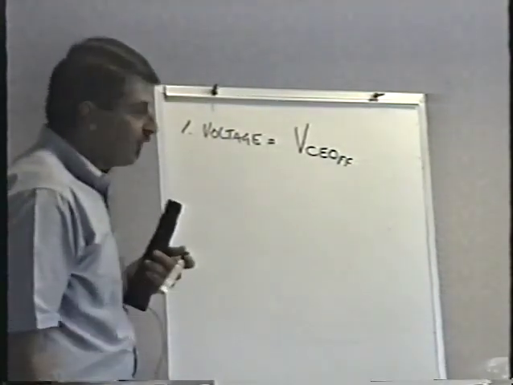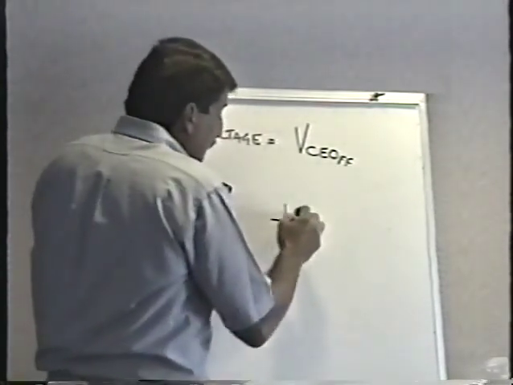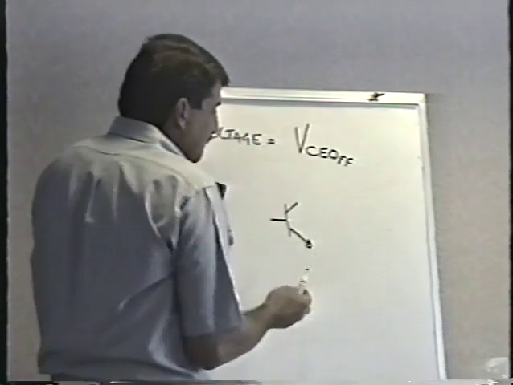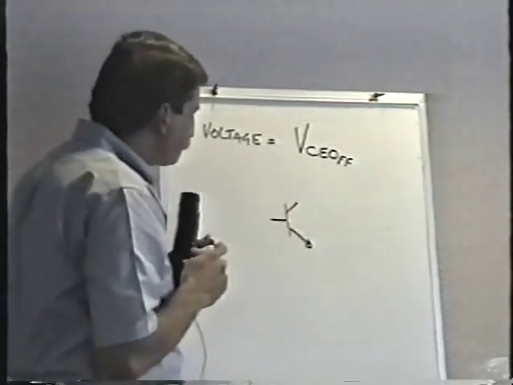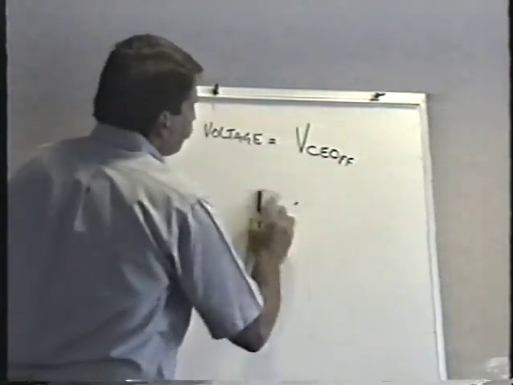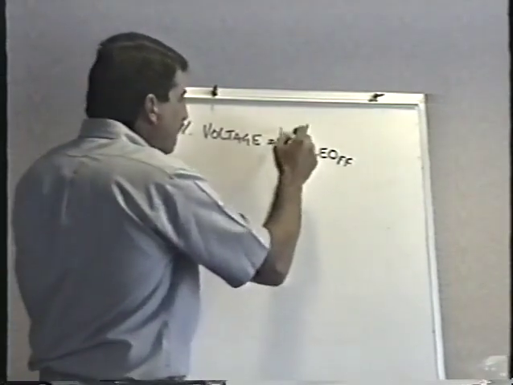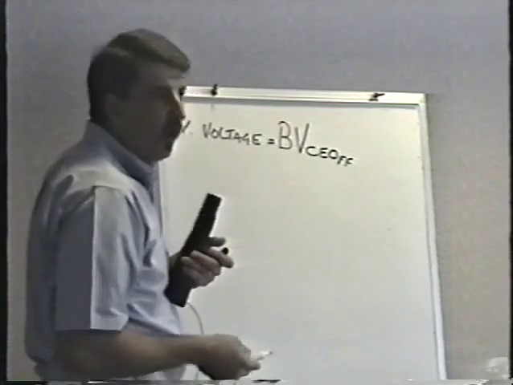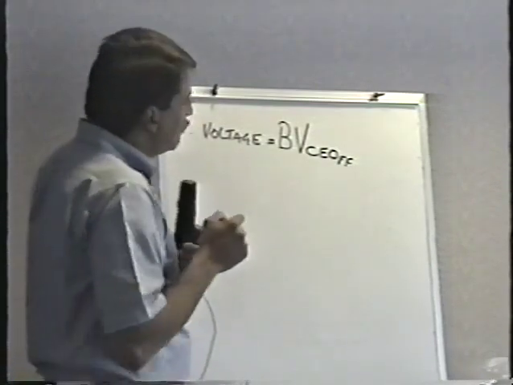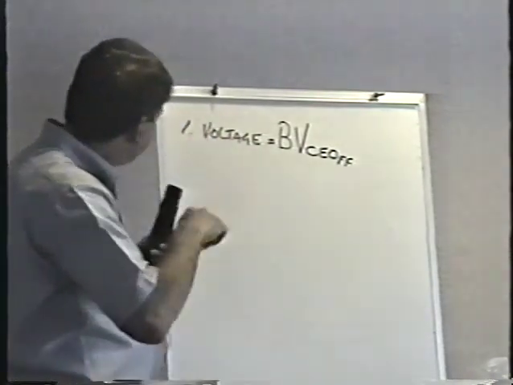It's the voltage from collector to emitter when the transistor's turned off, which is when the transistor is blocking the voltage and not allowing it to flow. Sometimes you'll see this listed as BV for breakdown voltage. V sub CEO, BV sub CEO, same thing. This is the main voltage rating of the transistor.